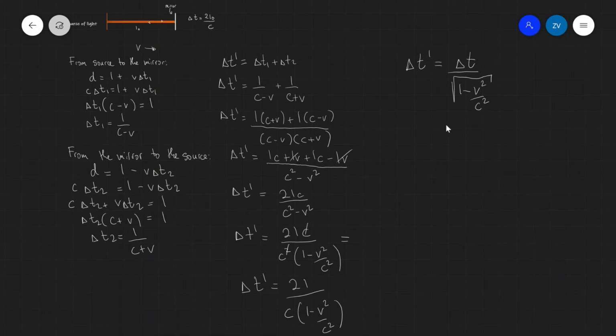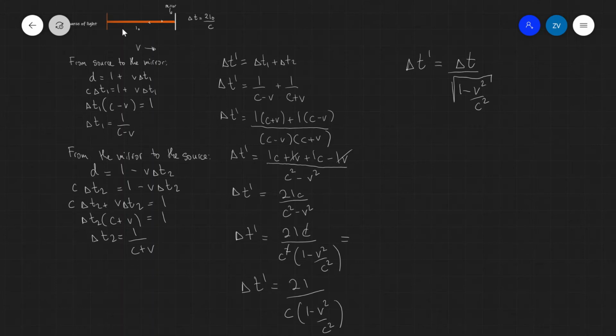Let's see what we can do to figure out an expression for how the length will change, or how the measurement of the length will change when we are moving at a speed v relative to the stationary frame of reference.